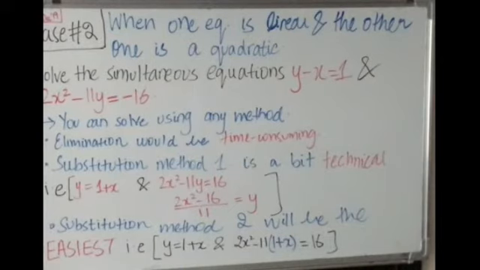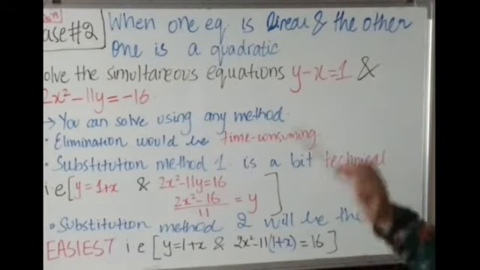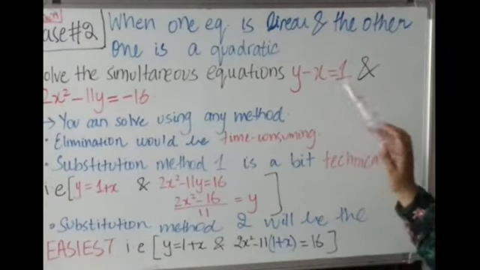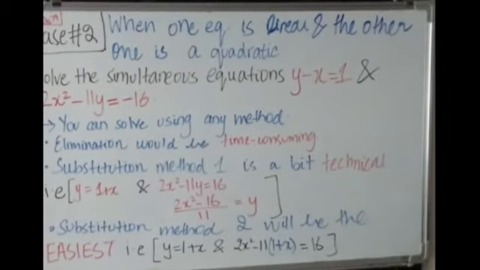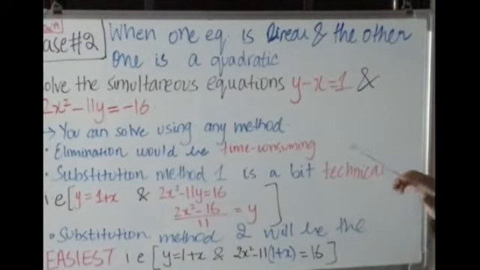The third method is, of course, substitution method number 2. Here there are no fractions, okay? You just have to express this equation, that is y minus x equal to 1, in terms of y, because this is the easier one. You won't obviously do that with the other, because it's harder. But you can get answers from any method, okay?